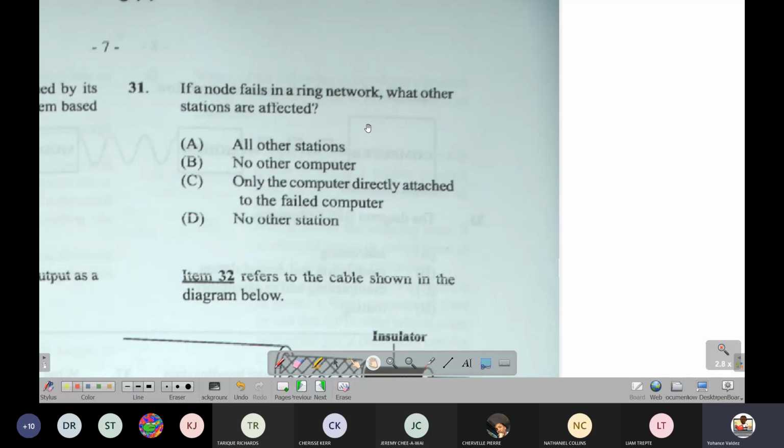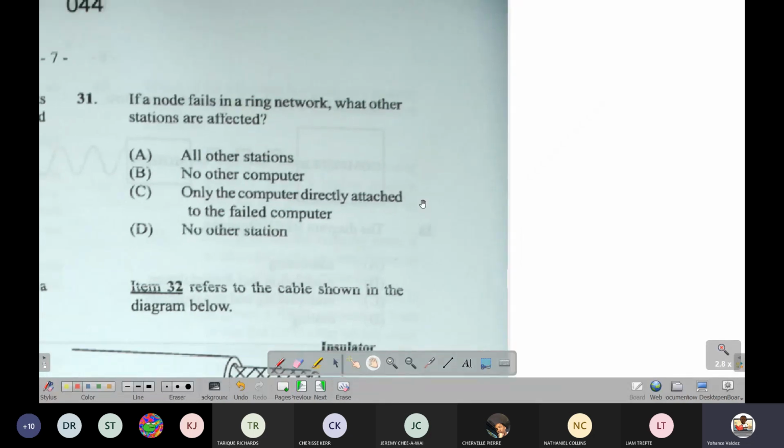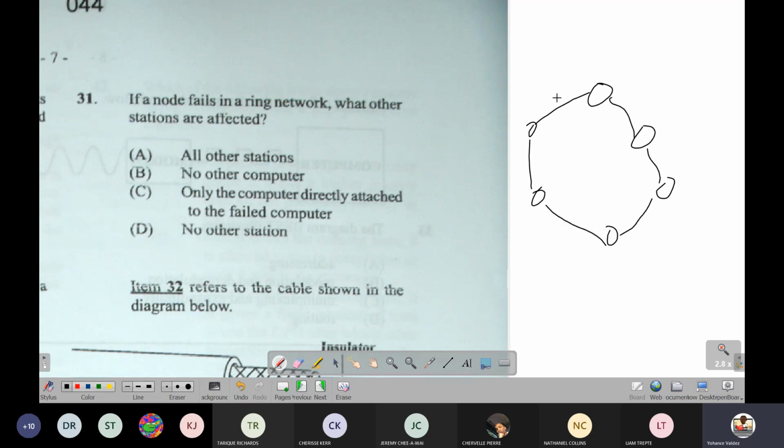If a node fails on a ring network, what other stations are affected? We know that our ring network uses a token to pass information.